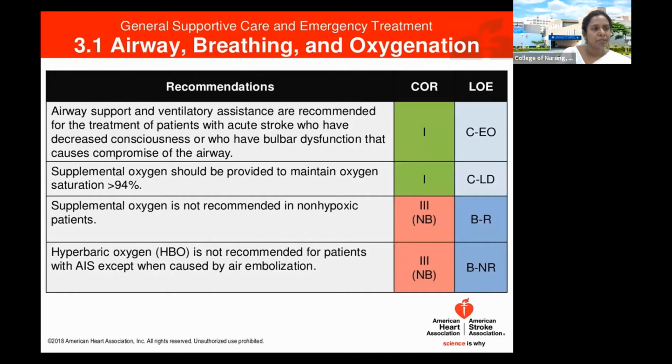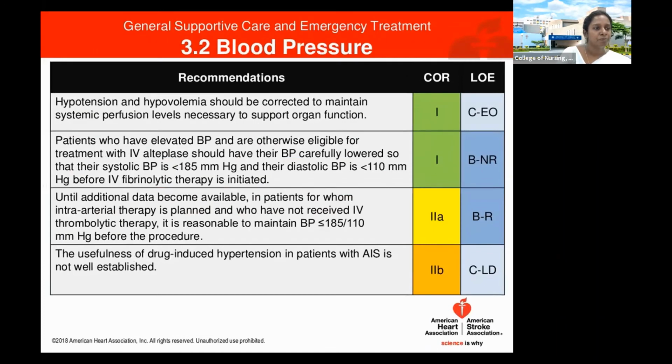Under airway and breathing, they have advised to start oxygen only if the patient saturation is less than 94. Otherwise, we don't need it. Blood pressure, again, treat blood pressure only if the systolic is above 185 and the diastolic is above 110. Otherwise, up to 185 by 110, we don't have to treat or give them any antihypertensives.